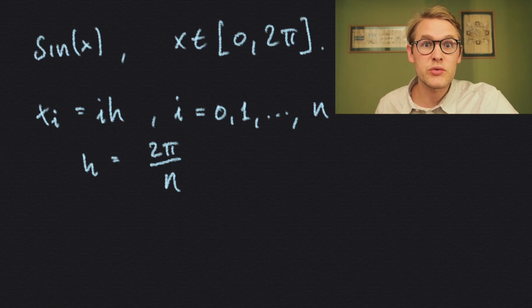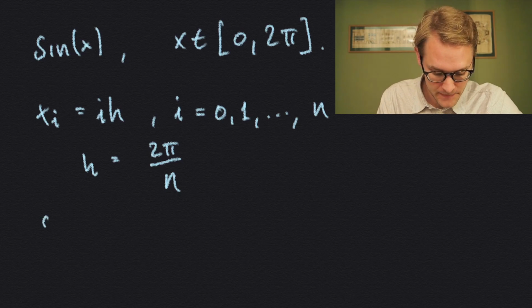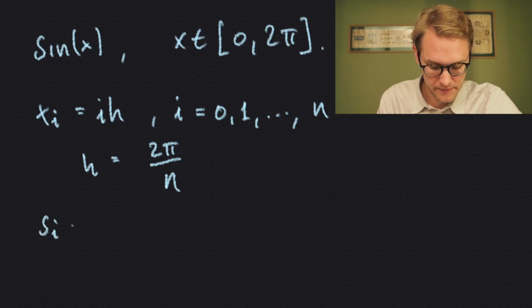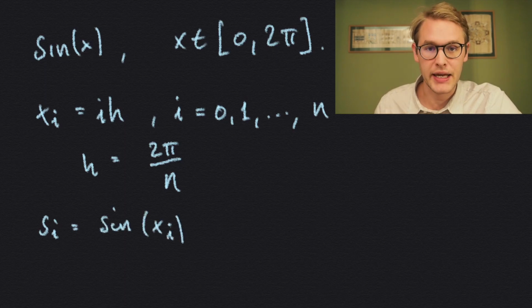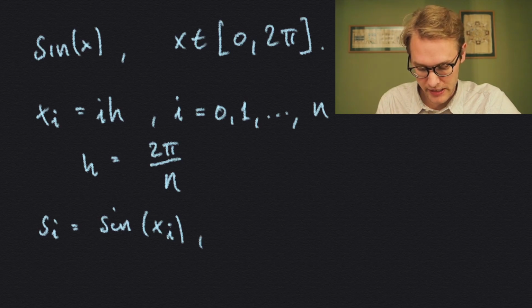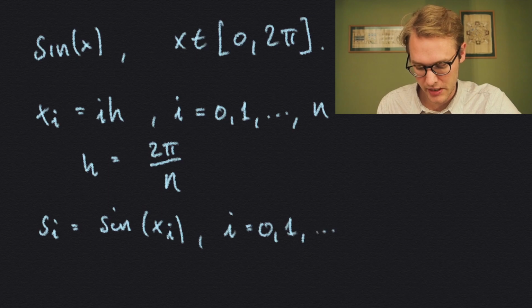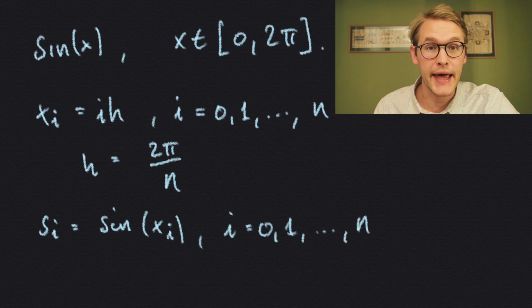And now the associated function values of the sine function would be s_i equal to the value of the sine function for all these x_i values, where again i is from 0 and all the way up to some number n.